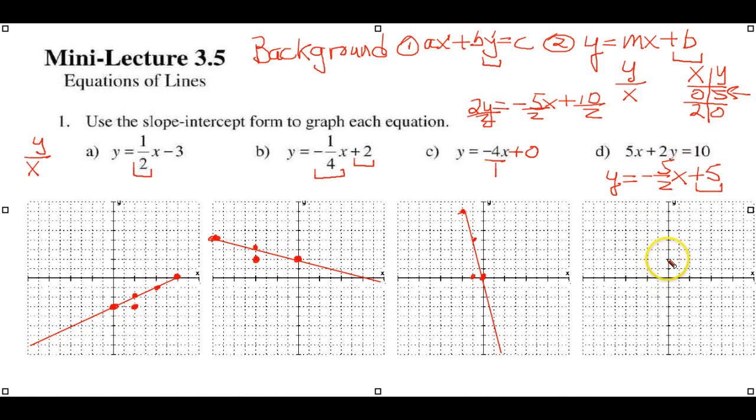So 0, 5, 1, 2, 3, 4, 5. A dot there. And now from that we have a negative 2. And if we went over 2 this way, we would run out of graph. So another way to do it is to go over 2 this way and now down 5. 1, 2, 3, 4, 5, which is right there.